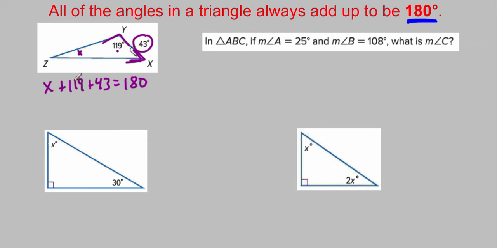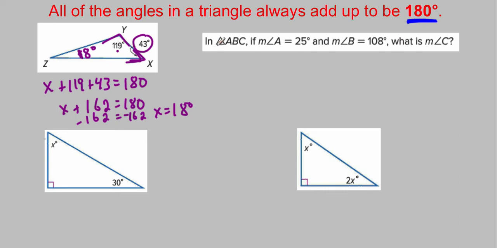We go ahead and we solve it. 119 plus 43 is going to give you 162 plus x. So I subtract 162 from both sides, and I get x is equal to 18 degrees. So my missing angle up here is 18 degrees. All three angles have to add up to be 180.